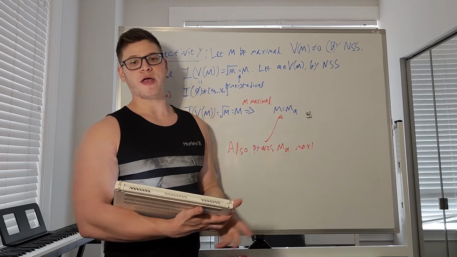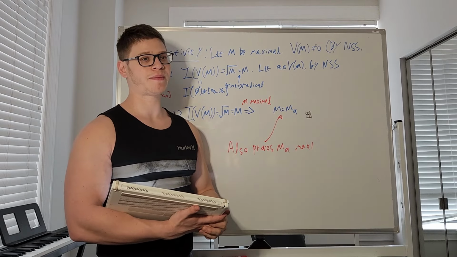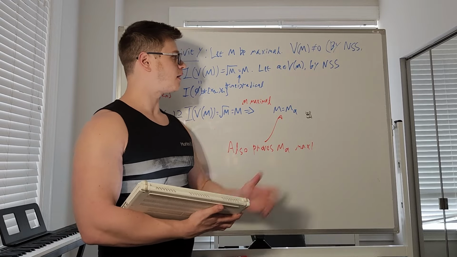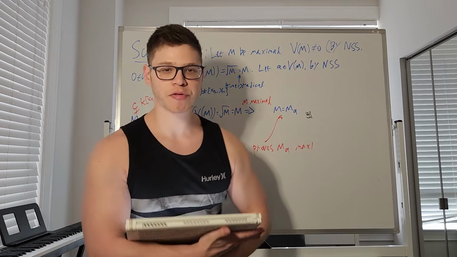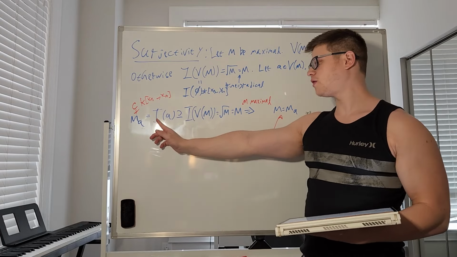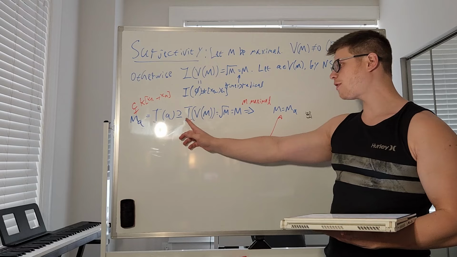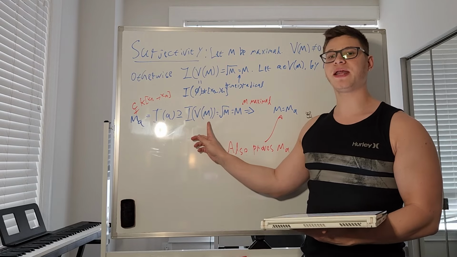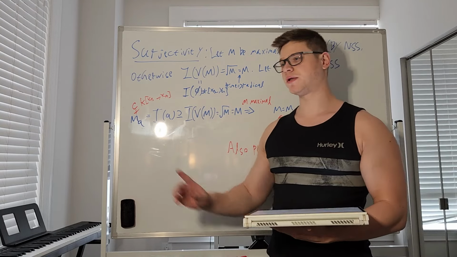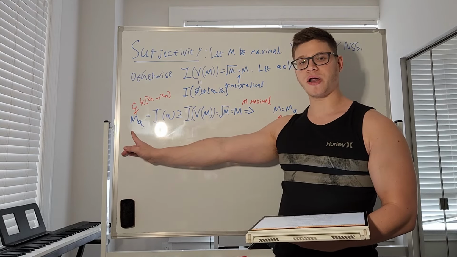Now let A be a point, which exists because this set is non-empty. We use the Nullstellensatz again, plus the property that the correspondence is order reversing. So we get that MA, which remember we showed is equal to the ideal of A, contains the ideal of V of M. But again, by the Nullstellensatz, this is M. Now, here we'll note that MA is actually a proper ideal.